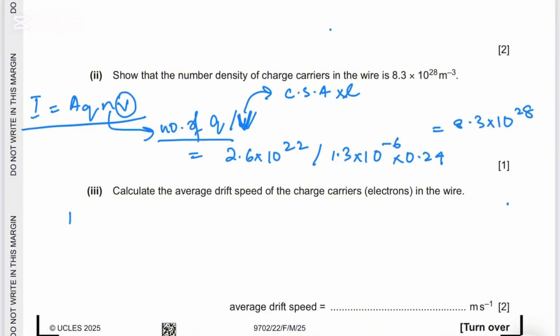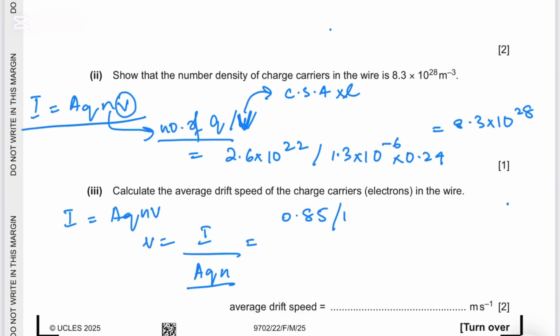Once again, calculate the average drift speed of the charge carriers. Now you can use this formula, rearrange it, make the drift speed the subject of formula, and divide it by this product over here. So that would be equal to the current divided by this is the value of a charge on a charge carrier.